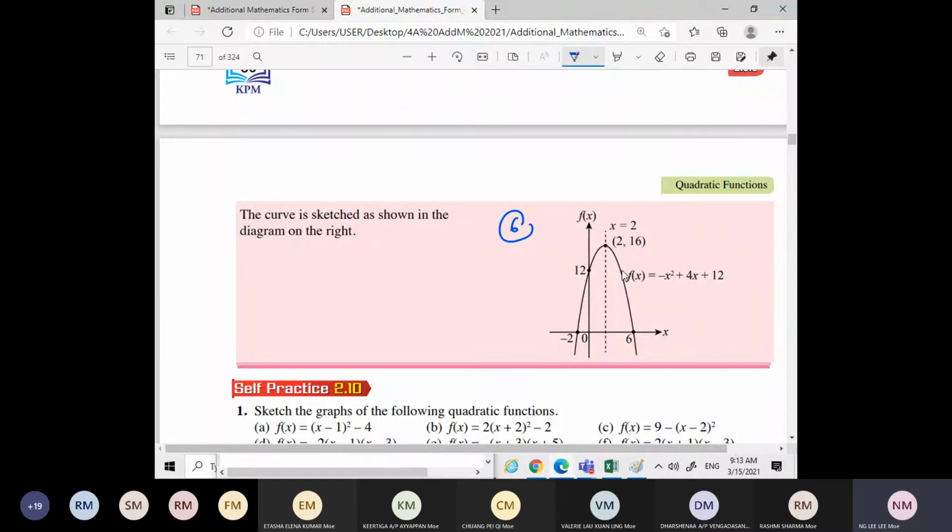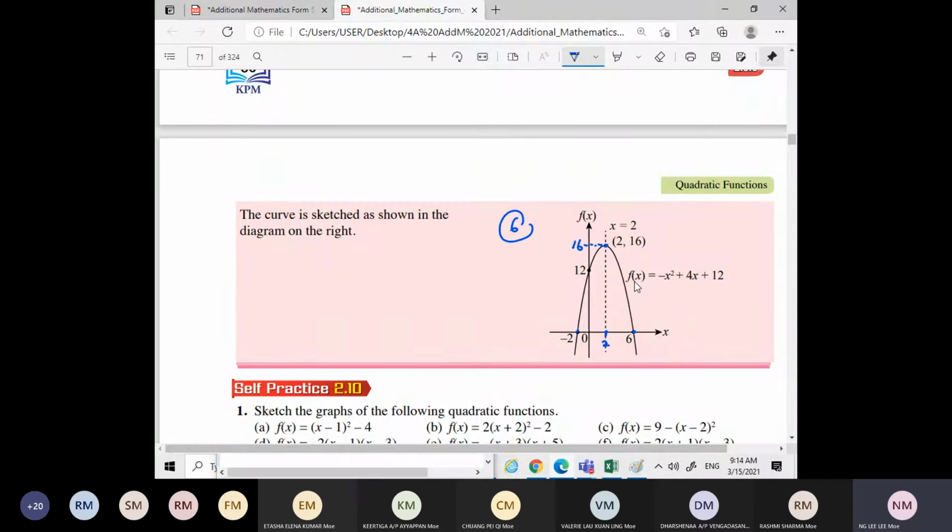So step 1 we know the shape is a sad face. Step 2 we know it will cut the x-axis at 2 points. So afterwards we have to find the x-intercept. Step 3 we get the vertex 2, 16. So here is 2, here is 16.